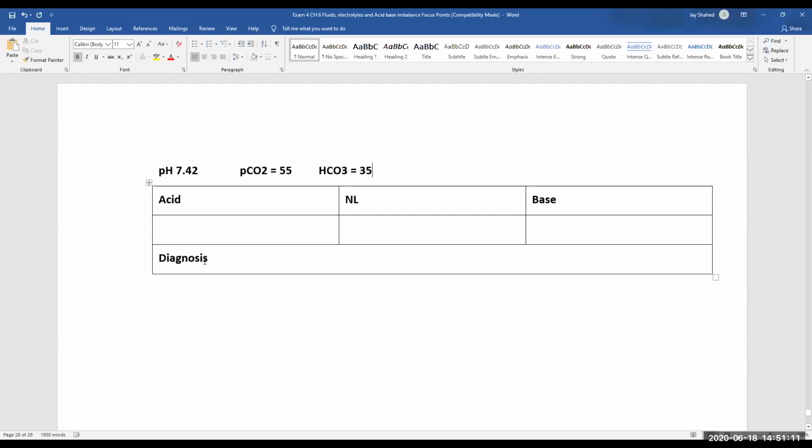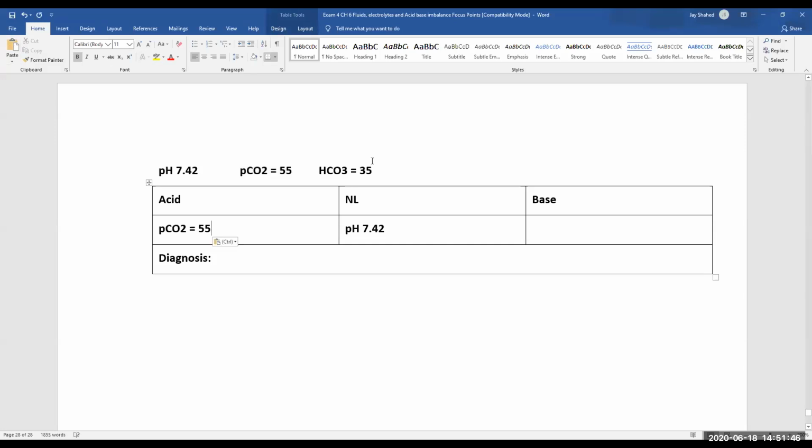Anyone came up with the answer? Would it be alkalosis fully compensated? Okay. Let's find out. pH 7.42, is that acid or base? Normal, but more towards base. Okay, where do you fit this in? Is it within normal range? It's within normal range, okay. How about PaCO2?